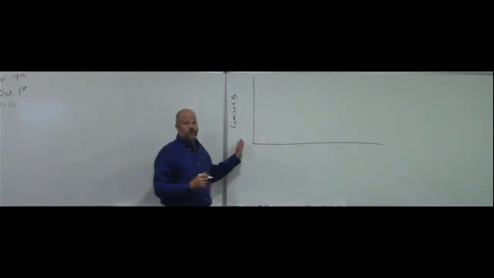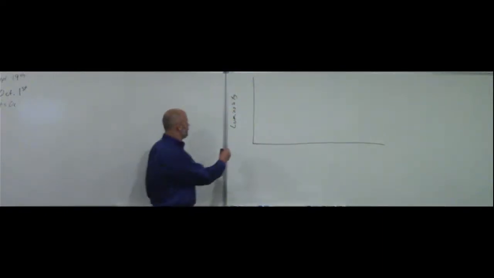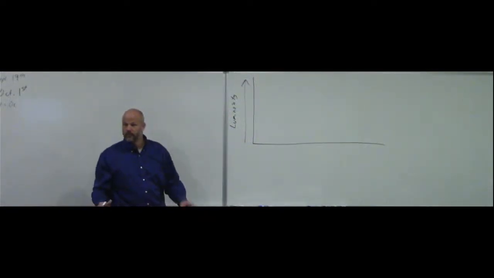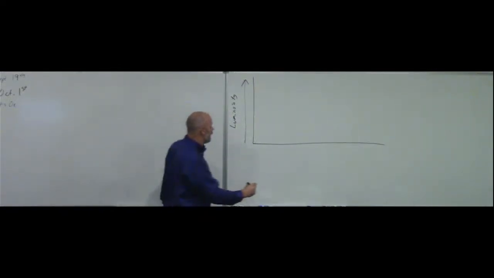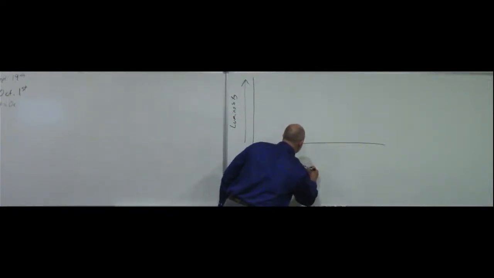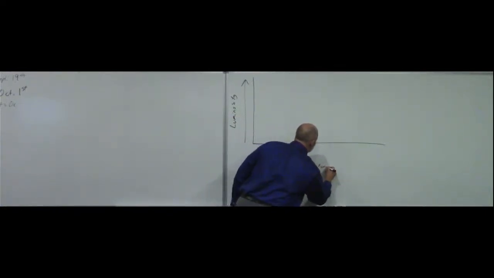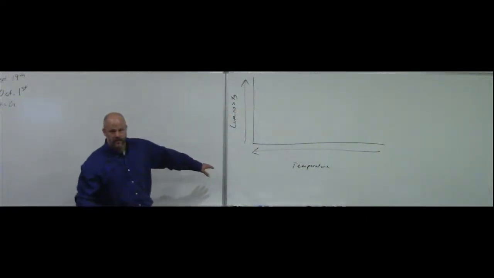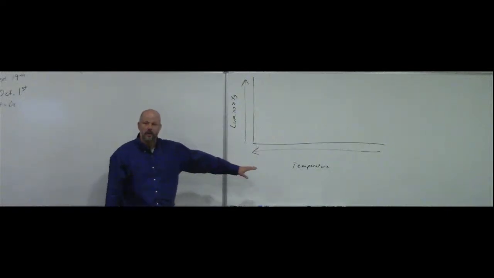When I draw an arrow, which way does the arrow go? Up. Good. And what's on the x-axis here? Temperature. And which way does temperature run? Right to left. This is unique. You're not used to seeing graphs like this. It's inverted for temperature.